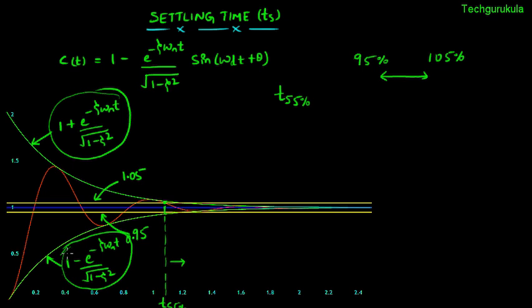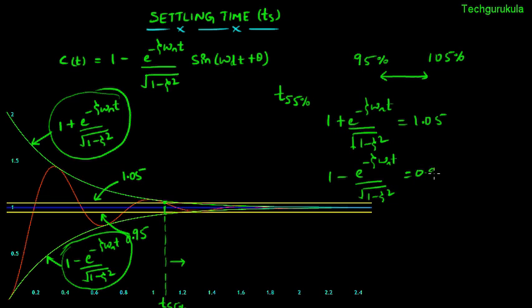We can say approximately if the exponential envelopes reach within this band, we can say definitely the curve should be within the band. So what we're going to do is, we can say 1 plus the upper bound, zeta omega n t over square root of 1 minus zeta square, should be equal to 1.05, or similarly we can say the lower bound, zeta omega n t over square root of 1 minus zeta square, should be 0.95.